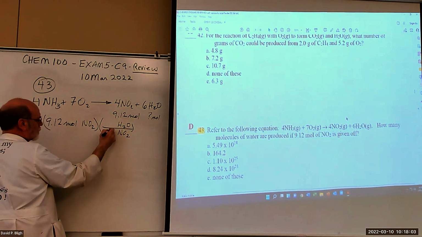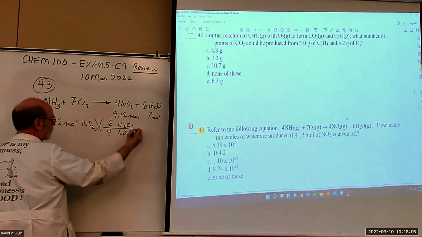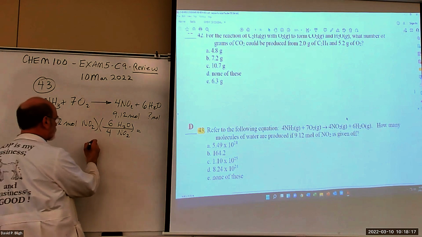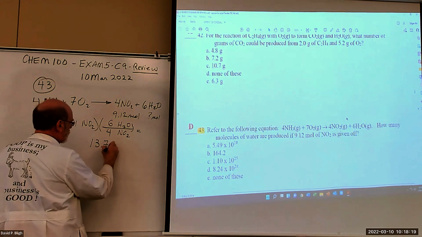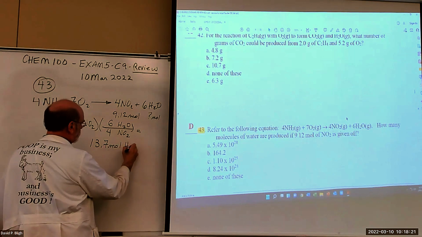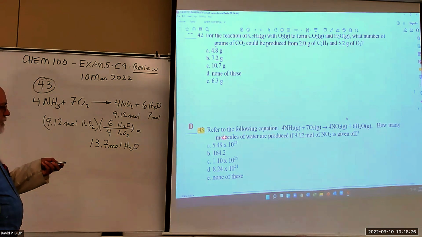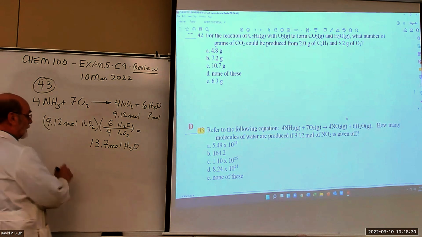With a 4 here and a 6 here, we need 3/2 of 9.12. And I get 13.7. Pretty significant figures. Is that the question? How many molecules of water? Okay, so I'm not done.